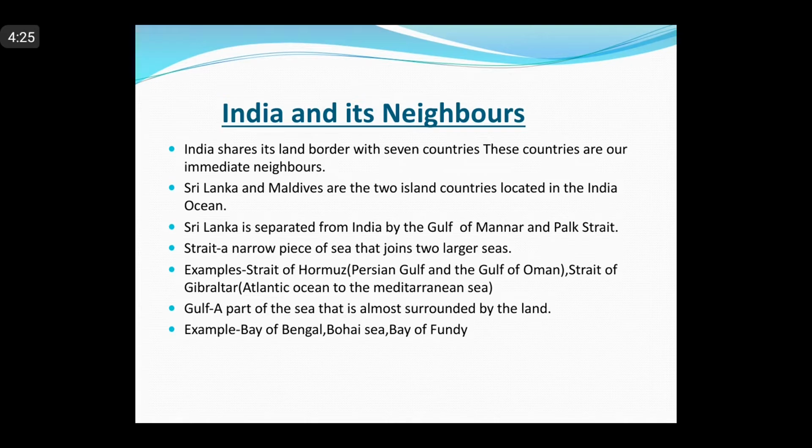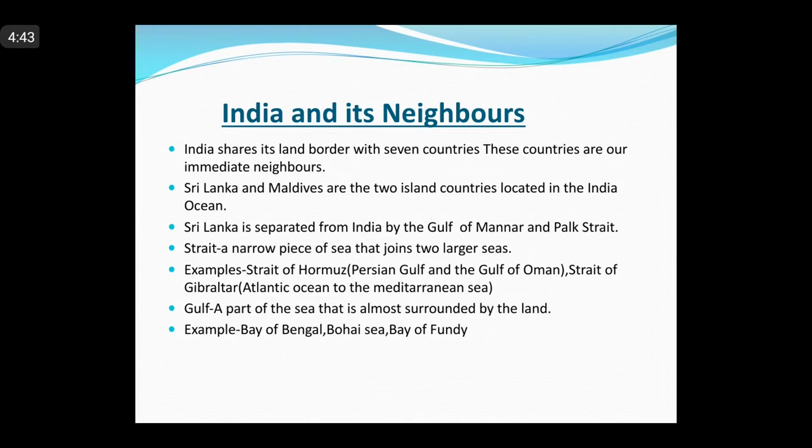Which are those two parts? The western and the eastern parts, known as the Arabian Sea on the western side and the Bay of Bengal on the eastern side respectively.